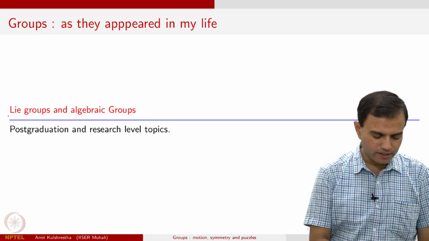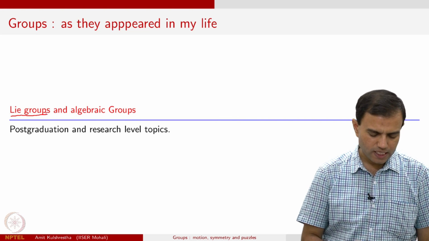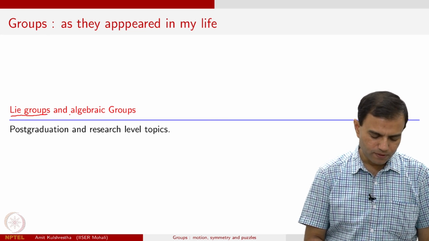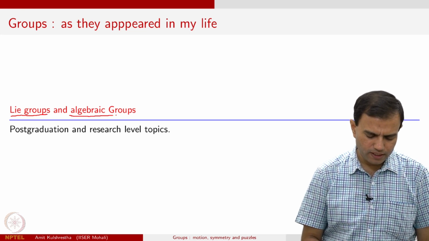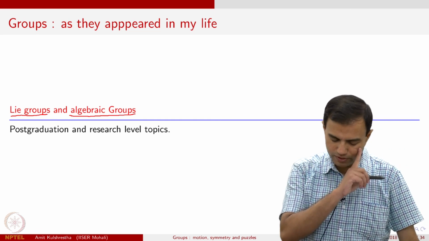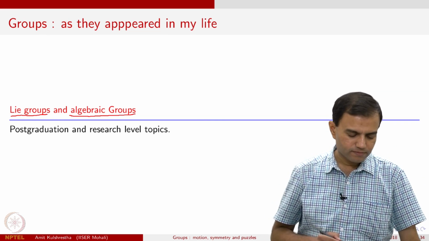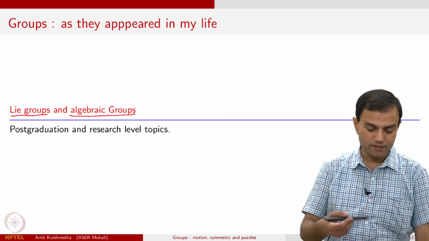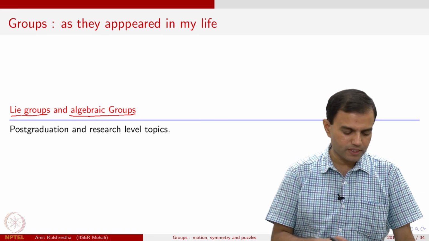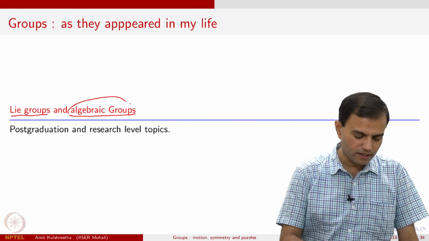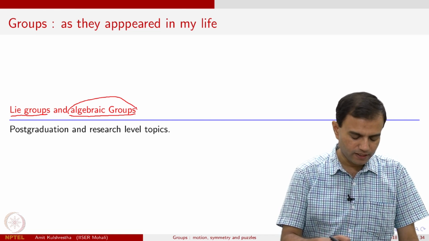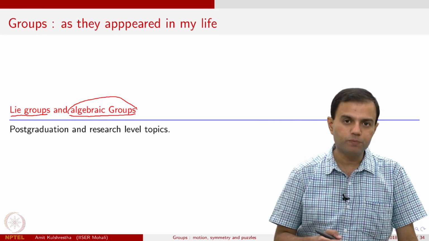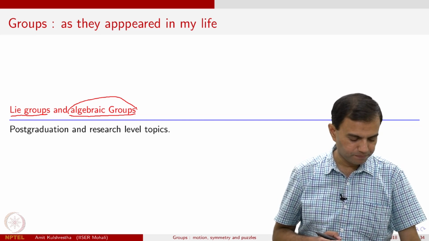Lie groups are quite interesting for physicists and people who work in group theory or algebraic geometry, and maybe understanding polynomial equations. They have algebraic groups as a topic of interest for them.